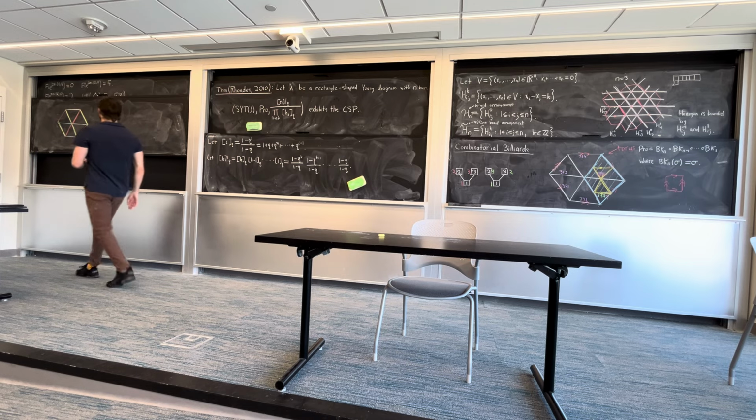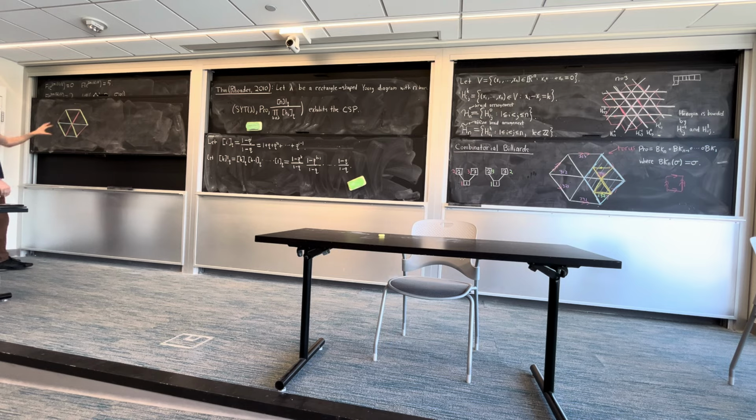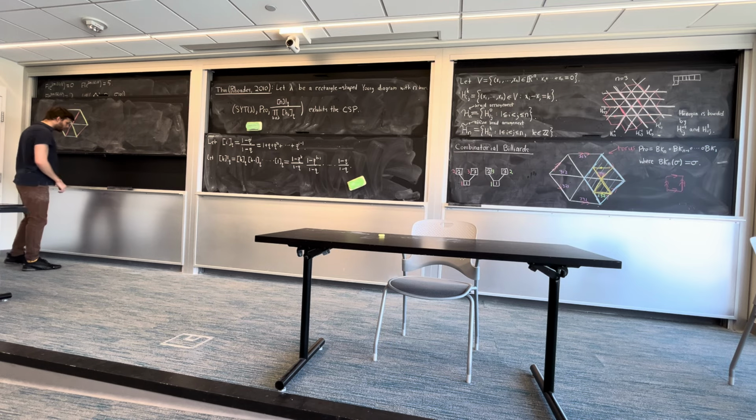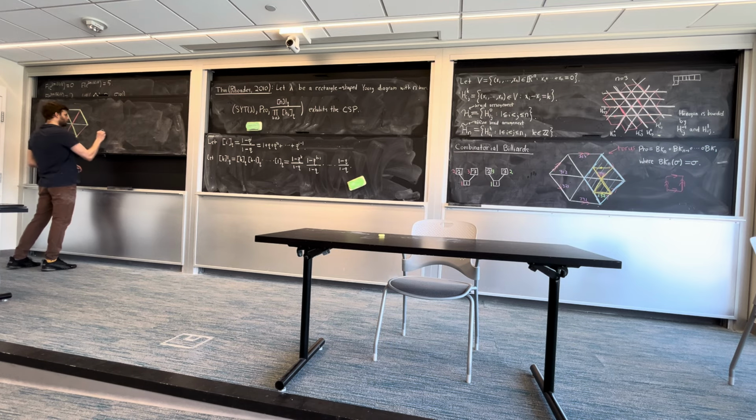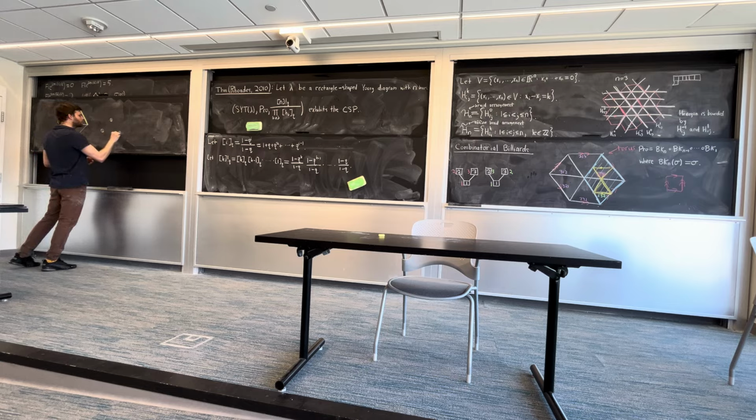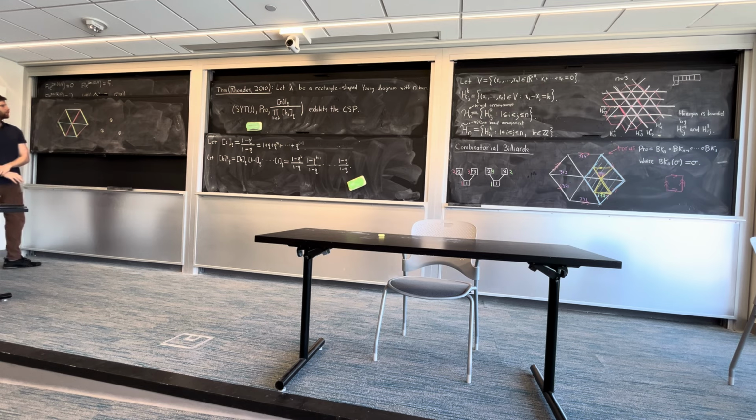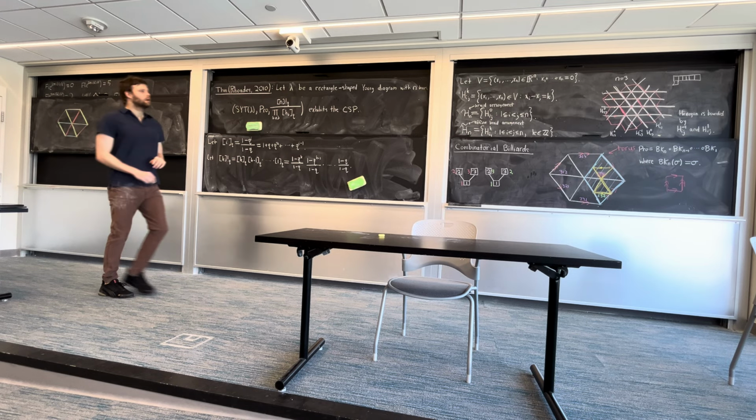And so I can identify these 3 toric hyperplanes with edges of a graph. So I have a complete graph with vertices 1, 2, and 3, and this red is what I was calling H_12, so that's an edge between 1 and 2 here.